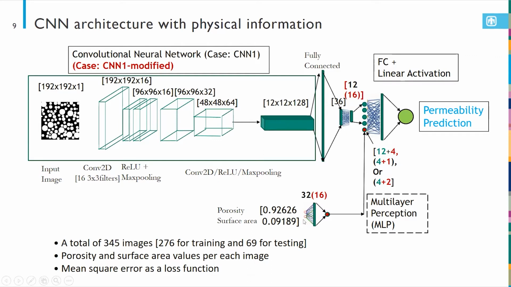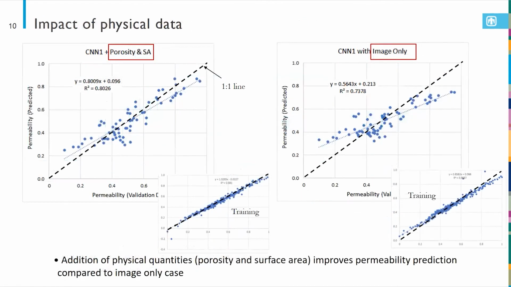And in this particular case, we generated 345 images. We split them into training and testing data sets. And then, in the next couple of slides, I'm going to show some of the results we have.